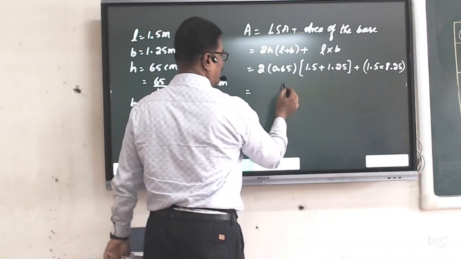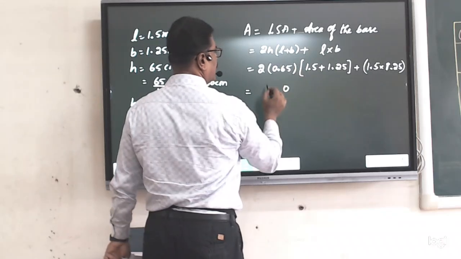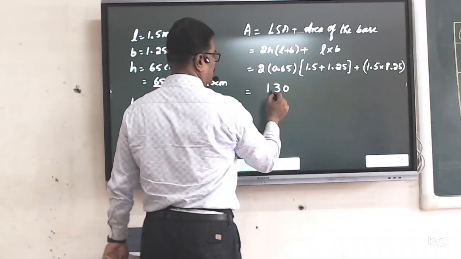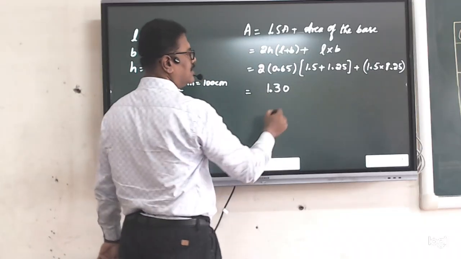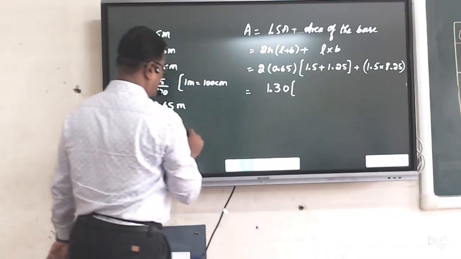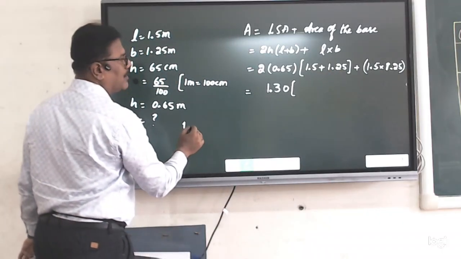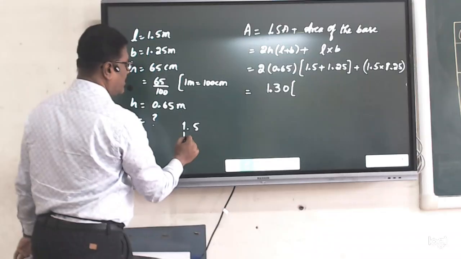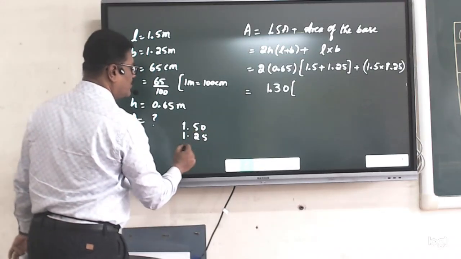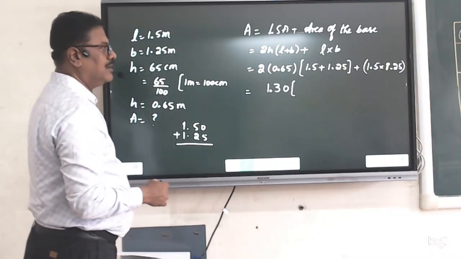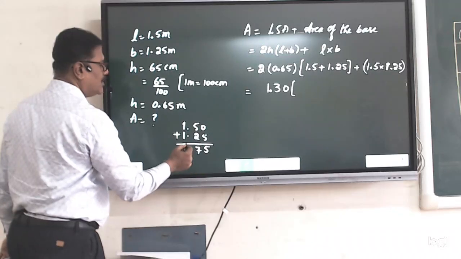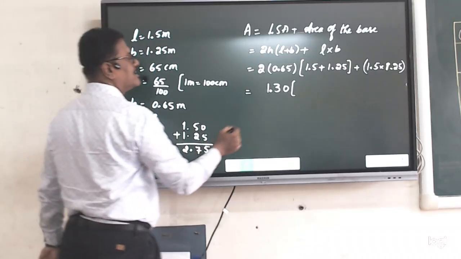See here, 2 5s are 10, 1 carry, 2 6 are 12 plus 1 13. After 2 there is a decimal point, 1.30 you will get. And here 1.5 plus 1.25, you can go for the working column there, 1.5, 1.25. Because of the second decimal place you put 0 and you are doing the addition. So 0 plus 5 is 5, 5 plus 2 7, 1 plus 1 2, 2.75.